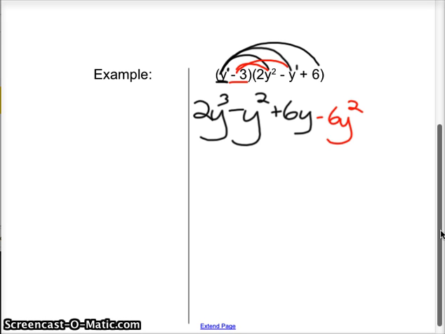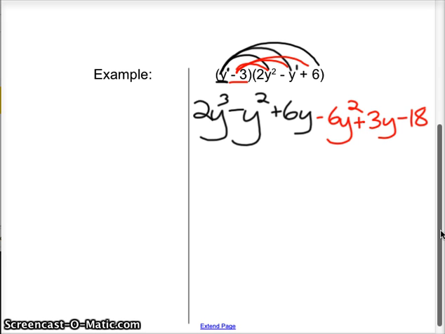Negative 3 times negative y, a negative times a negative is a positive 3y. Negative 3 times 6 is a negative 18. So again, all I've really done is distributed through both terms. The FOIL method actually does this exact same thing. It just does it in a systematic order. Where here, I'm just making sure everything goes everywhere.